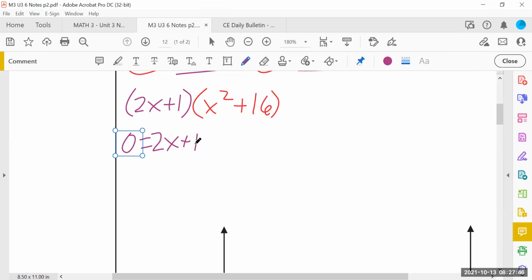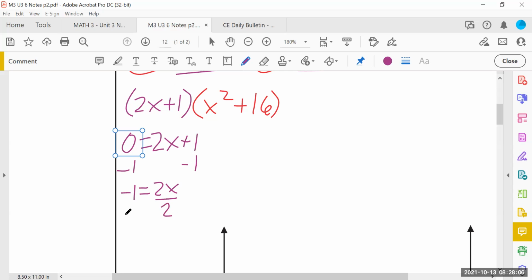How do I solve that for x? Subtract 1, right? That's exactly right, Allie. Negative 1 equals 2x. And then the latter, divide by 2.